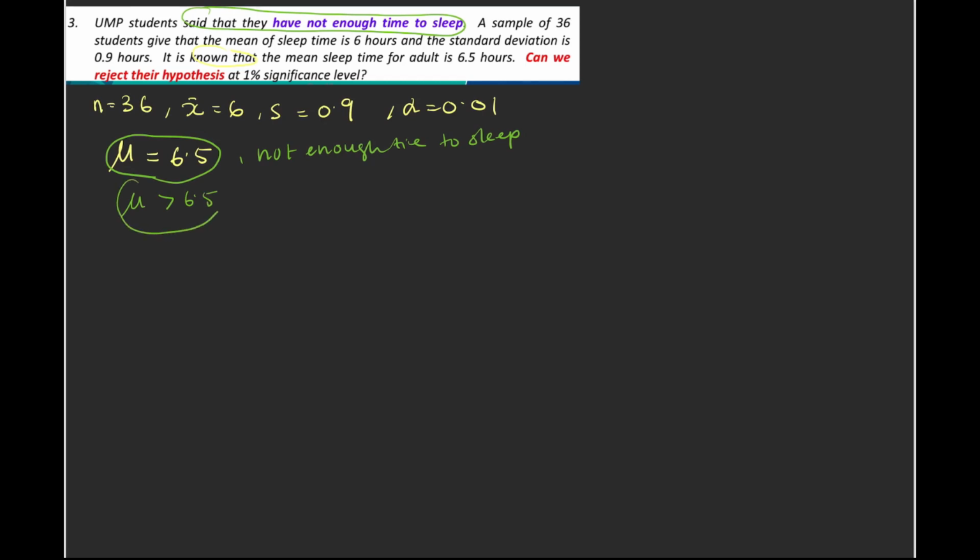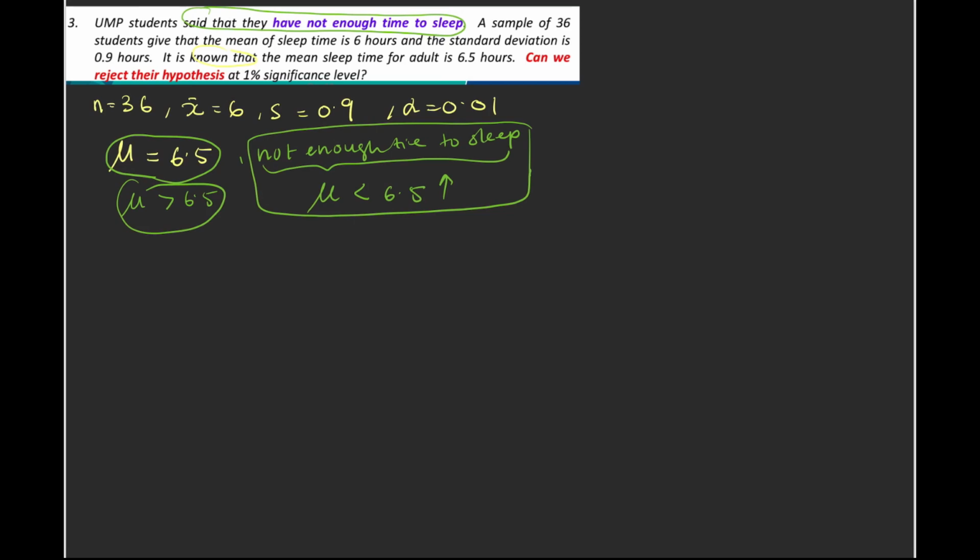If it is not enough time to sleep, what will happen to the mu? Mu less than 6.5. If your mu is equal to or greater than 6.5, you have enough time to sleep. So now you have to test this. Is it correct? UMP students do not have enough time to sleep.